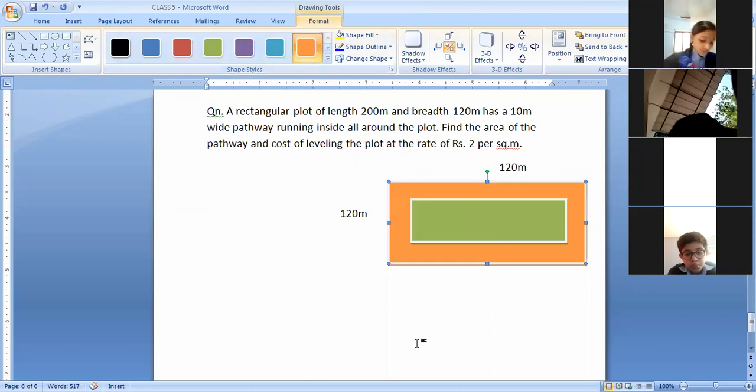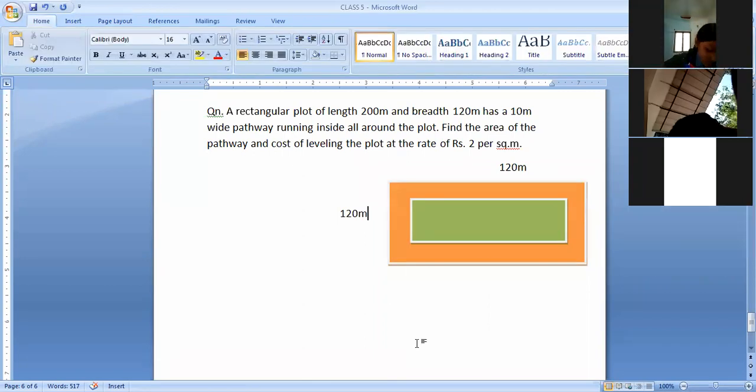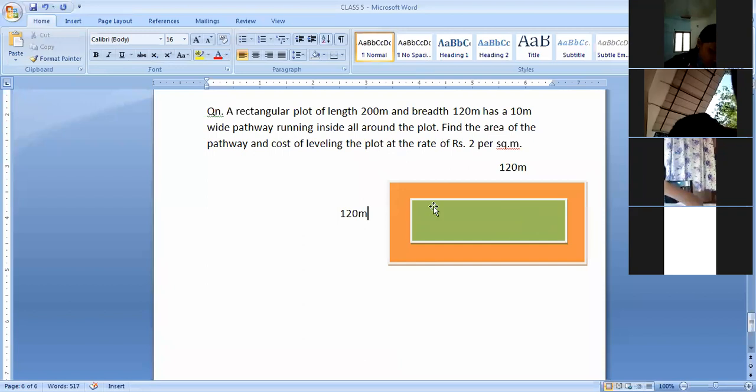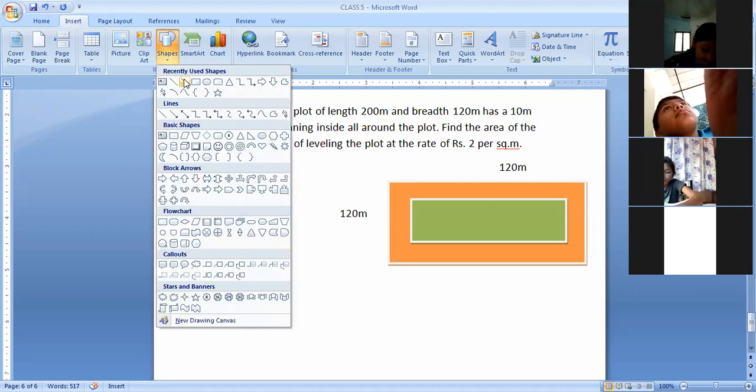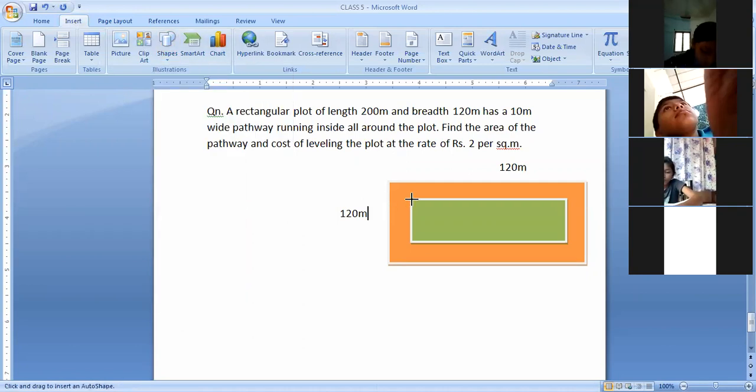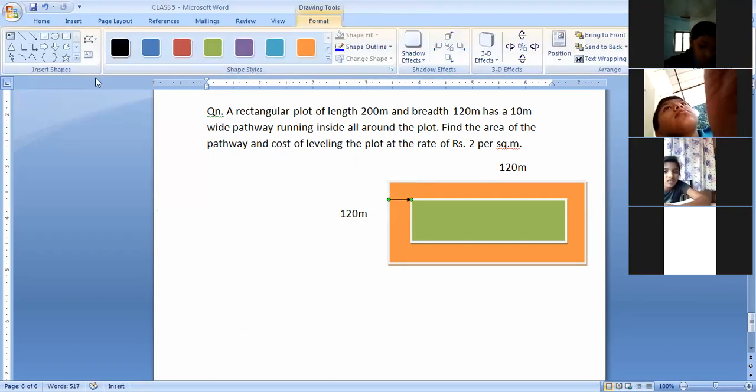The region in that orange color is the pathway, and this green color is the portion of the plot. Clear? Yes. And you know the breadth of the pathway, right? What is the breadth of the pathway? 10 meter. This length is 10 meter and this length is also 10 meter.